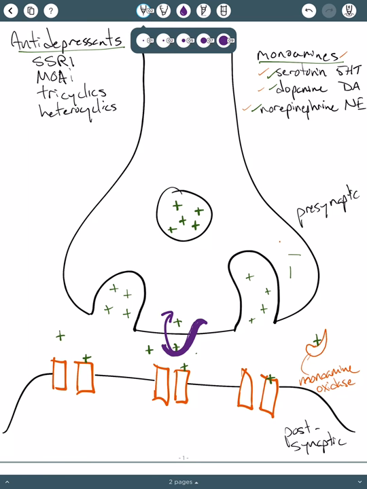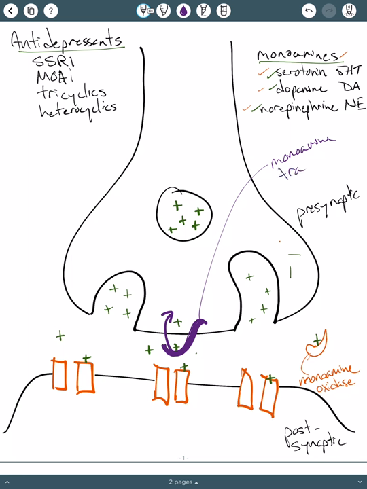We could describe these as monoamine transporter molecules, because they transport monoamines like serotonin, dopamine and norepinephrine back up into the neuron that released them.